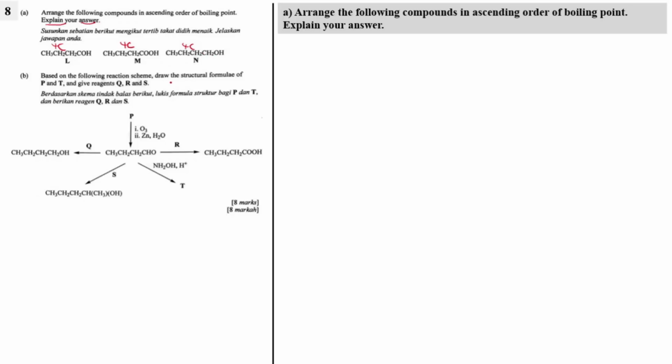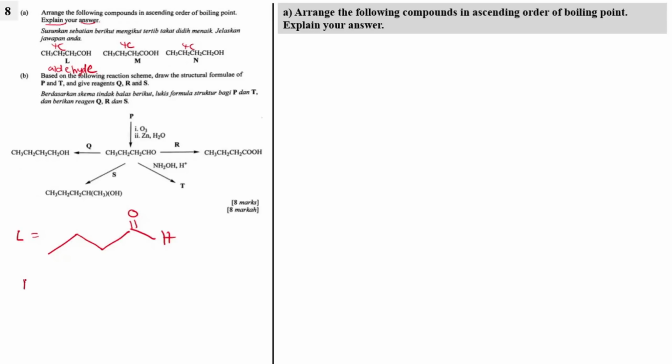In order for us to determine it correctly, it is important to expand the structures and identify the functional group present in L, M, and N. For L, if I expand the structure, I'm going to get 1, 2, 3, 4, and then double bond O, and then H here. So what I'm going to get here is an aldehyde.